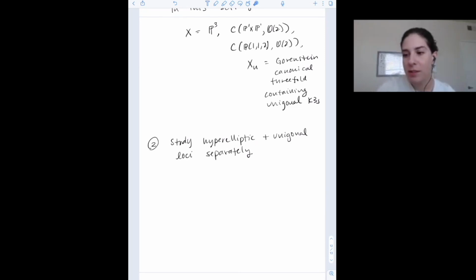The hyperelliptic locus, which perhaps seems like we understand better, they're just covers of P1 cross P1 or P(1,1,2), actually requires quite a bit more work.